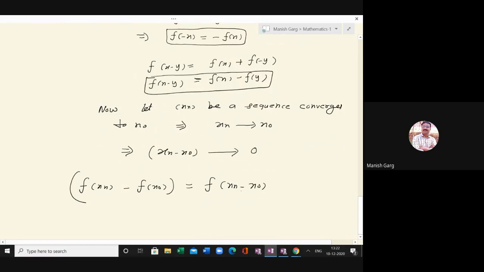So here, since xn minus x naught converges to 0 and f is continuous at 0, can I say this will converge to f(0)?